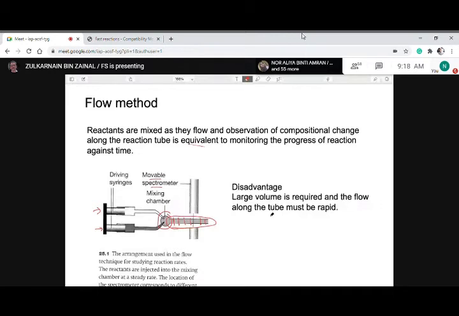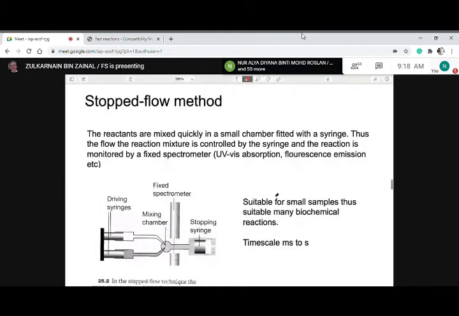If you have a long tube, then you have to have a very large volume. So the other method, which overcomes that limitation of the normal flow method, is the stop flow method. A stop flow method is where the reaction occurs in its chamber and the spectrometer is fixed at one position.